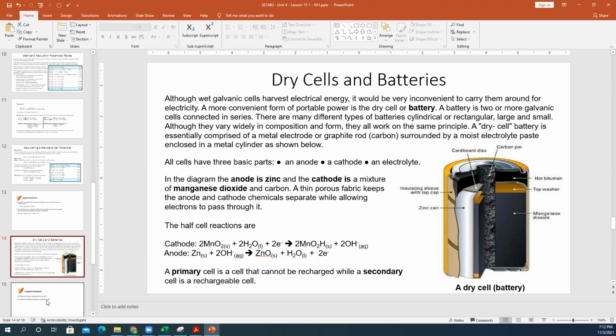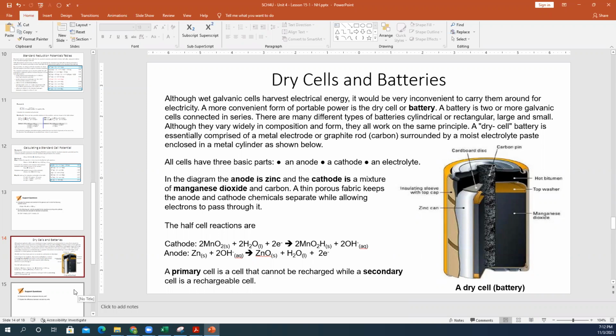There are, as you know, many types of batteries, cylindrical or rectangular. There are large ones, there are small ones. And although they vary widely in their composition and their form and what's actually constituent in the battery, they all work basically on the same principle.